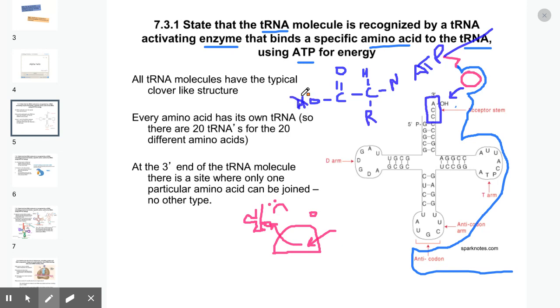This H and this OH will form what? You got it, water, in a condensation reaction, and then we'll form a covalent bond with this O to the A on our acceptor stem. And that's how we attach amino acids to transfer RNA with the help of ATP.